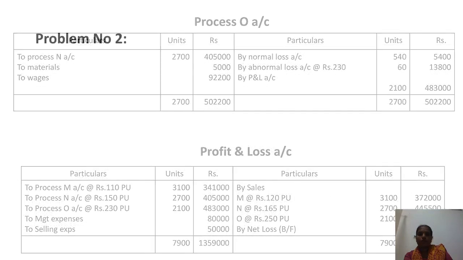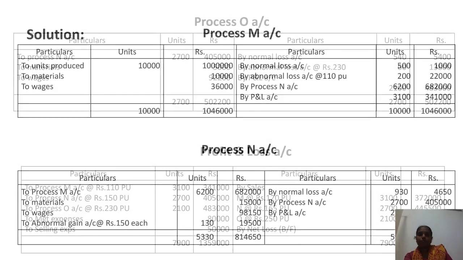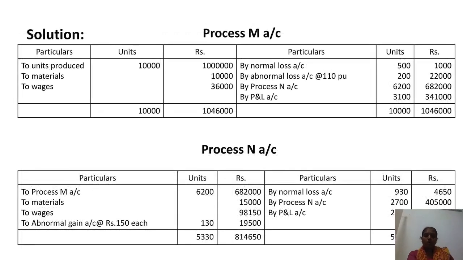We have to calculate the abnormal gain here. How to find out the abnormal gain? 6,80,000 plus 15,000 plus 98,150 minus 4,650, divided by 6,200 minus 9,300, you get a certain amount.